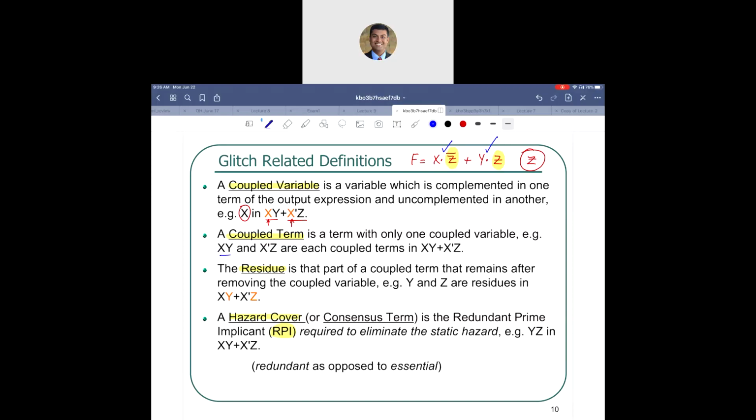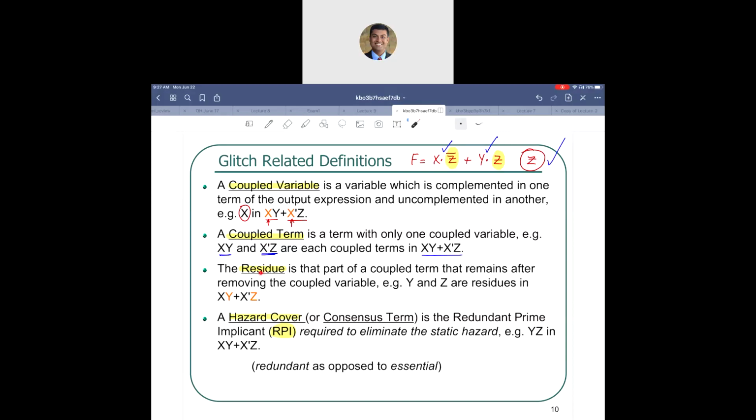X and y, x and z complement, each of them are coupled terms in x, y or x complement z. Why? Because both those product terms have the coupled variable in them, which is x in this case, or z in this case. So coupled variable, coupled term, let's move on.